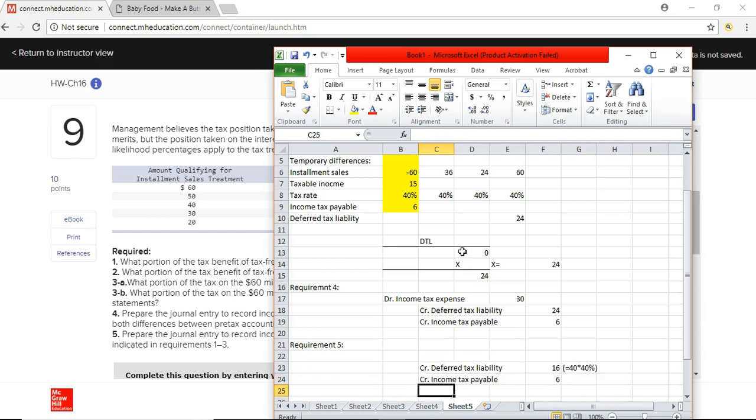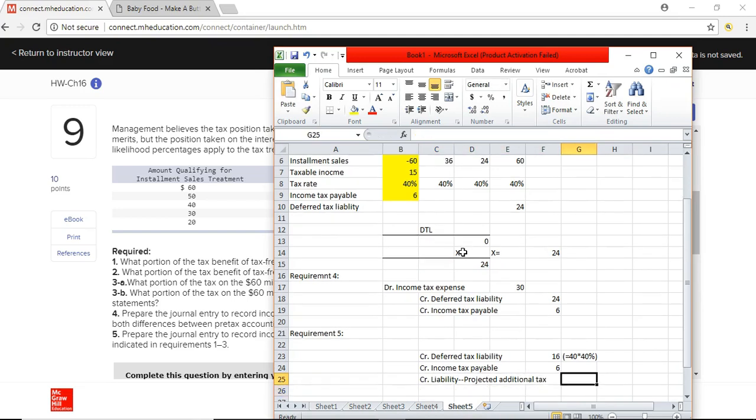Besides these two, we have additional taxes. We put them into liability: projected additional tax. That is calculated by the $15 million not tax deferrable multiplied by 40%. That's interest income. Also, only 40 out of 60 can be deferred for installment sales.